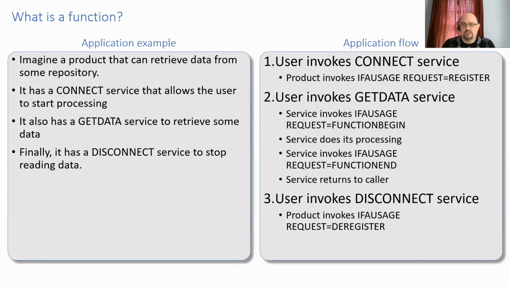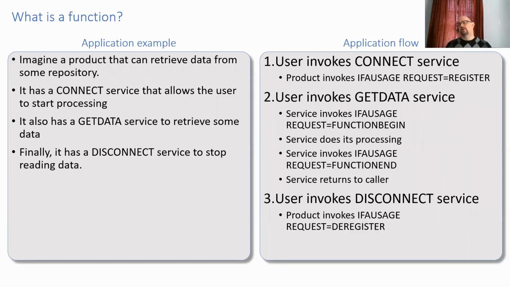It has a connect service that allows the user program to start some processing. It has a get data service to retrieve some data, and then it has a disconnect service to stop reading data. You can think of a paradigm like opening a data set, reading records from it, and then closing the data set. Similar with something like system logger to read from a log stream.